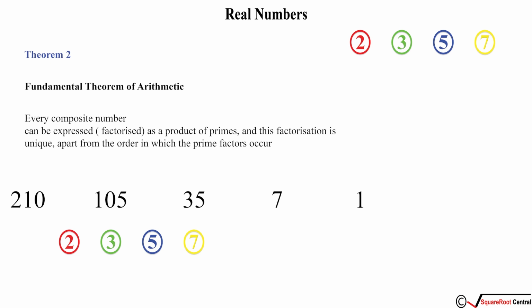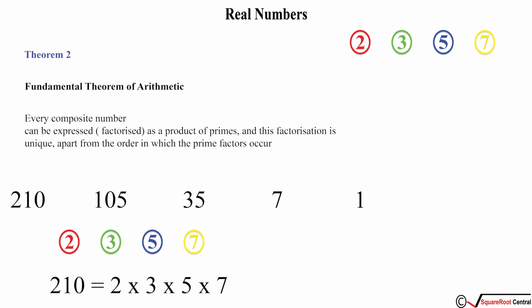This can be expressed as 2 multiplied by 3 multiplied by 5 multiplied by 7. 2, 3, 5 and 7 all are prime numbers. So for all composite numbers, we can express them as a product of primes. This here is the proof for the fundamental theorem of arithmetic.